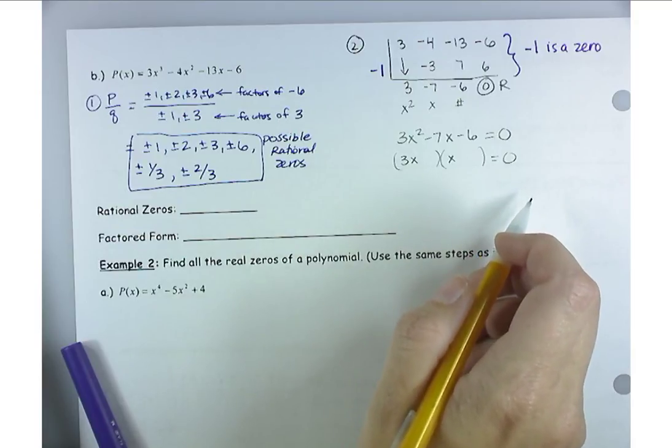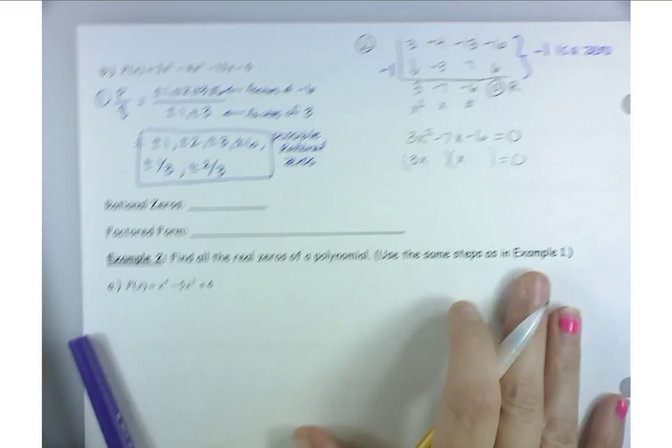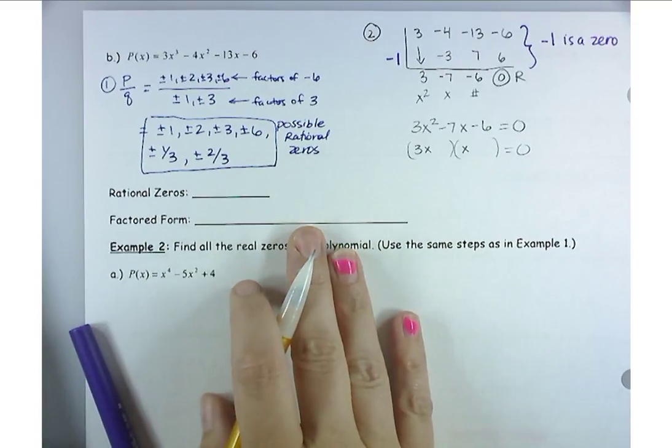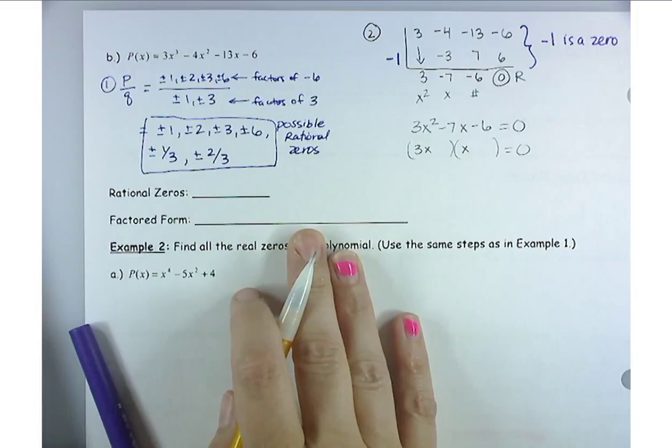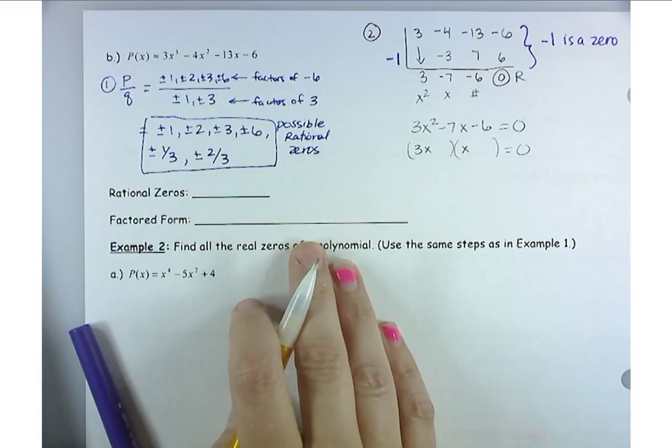What are part of the directions? I have to write it in factored form. If I have to write it in factored form, is it going to be factorable? Yeah. Okay, so yeah, you can definitely factor this.